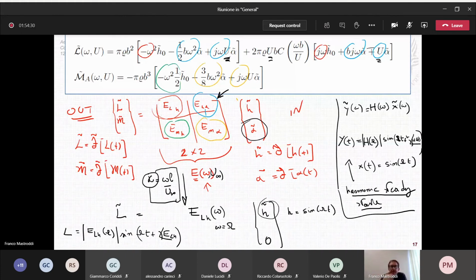And therefore we interpreted the result of this operator in frequency domain, considering the concept of steady state harmonic solution.